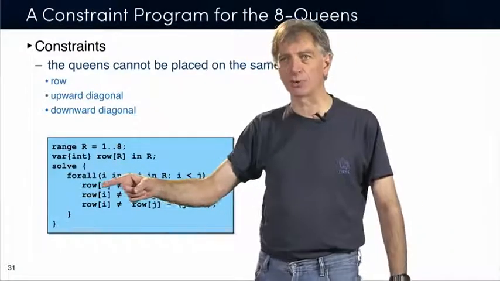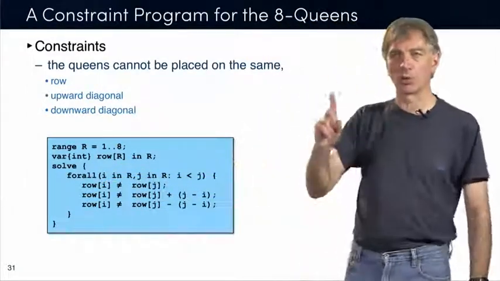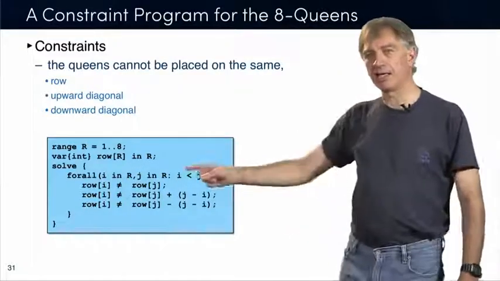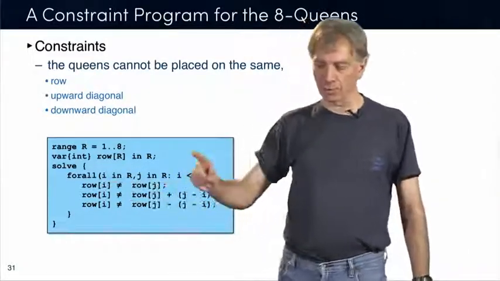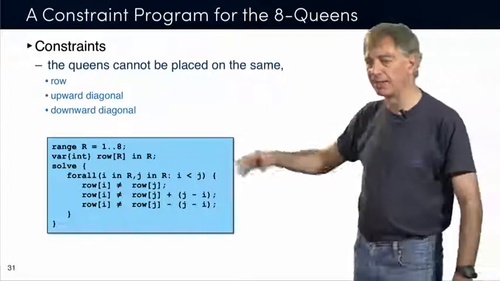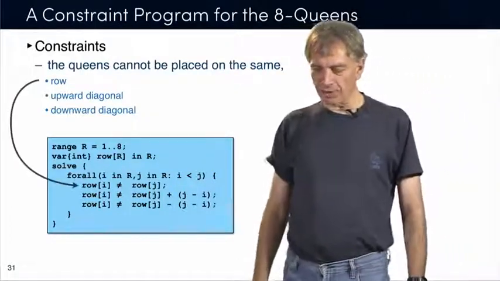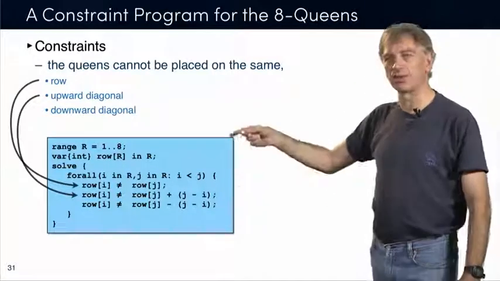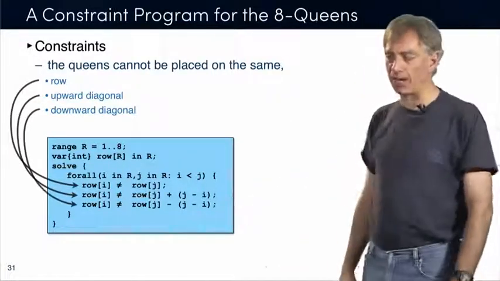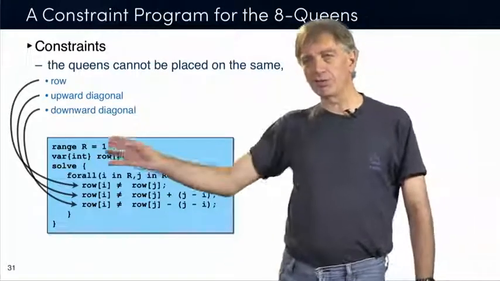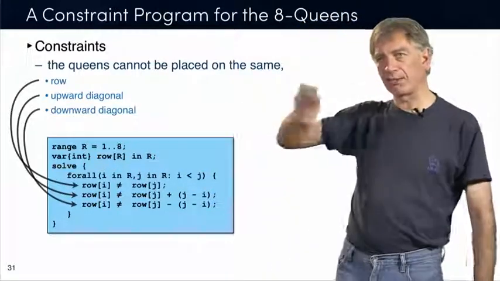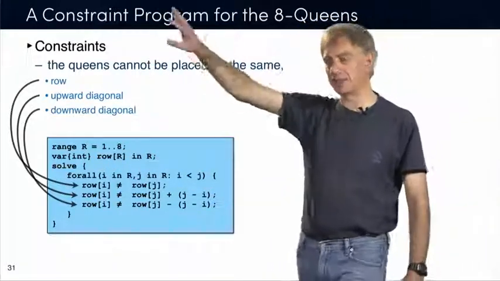I'm basically saying that the row of i has to be different from the row of j. Okay, and then that the row of i is different from the row of j plus j minus i, which is giving you one of the diagonals. Okay, so these are the rows, these are the upward diagonals that I was mentioning, and this is the lower diagonal. Okay, and I do that for every pair of queens, ordering them: I take i and then I take j, which is greater.